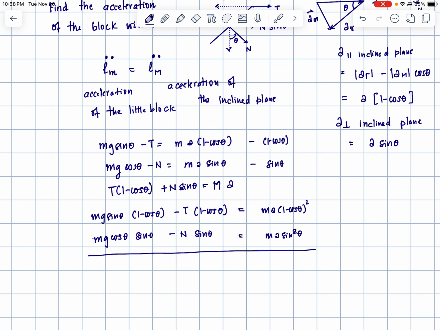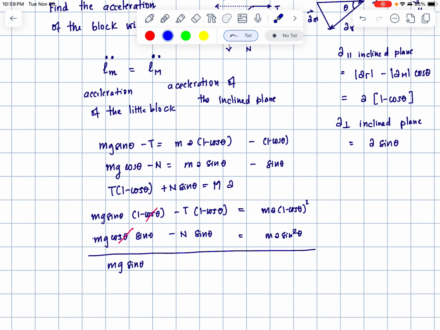What happens here is that this term and that term cancel out, so we get mg sine theta.